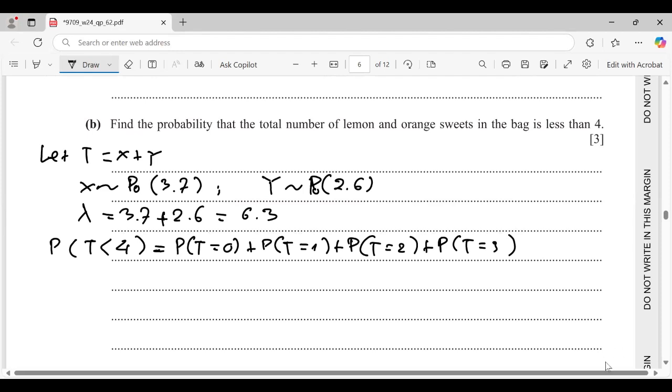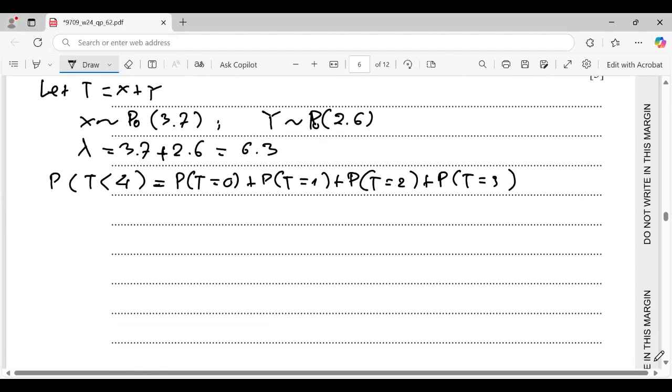Now, we are going to use the Poisson probability mass function.